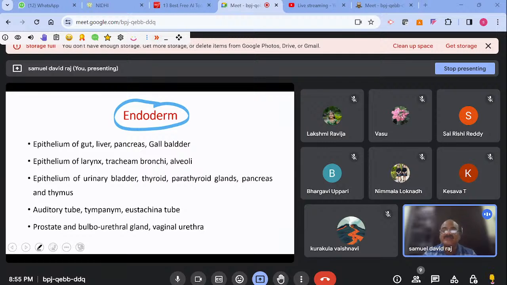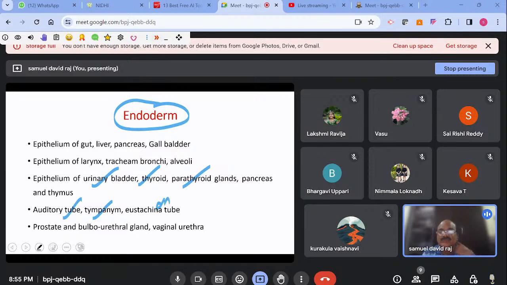In addition to this, it also forms the epithelium of the urinary bladder, thyroid and parathyroid glands because they are also with the trachea, the auditory tube, that means the one which leads from the external ear into the middle ear, and the tympanum, we know that, the eustachian tube.